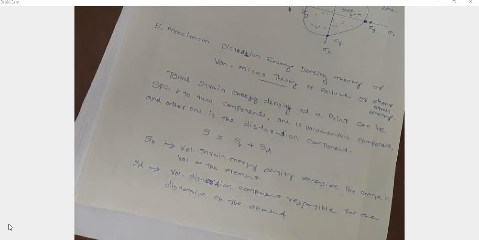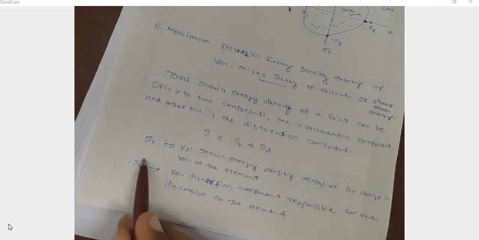Some amount of the energy supplied is used for volume change, and some is used for distortion. So that is the total strain energy stored in the body. Here we use only the distortion component, we neglect SV. But in the maximum strain energy density theory, we consider both SV and SD, volumetric and distortion strain energy.